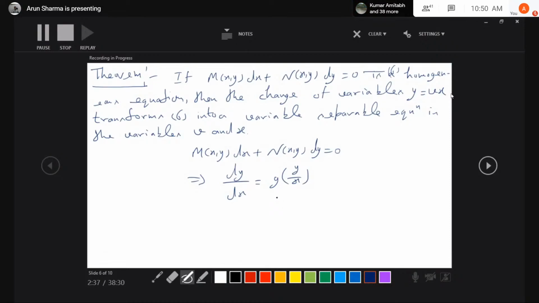So if you put y equals to vx, then what will happen with this change? dy by dx equals to v plus x dv upon dx. Now replace this dy by dx by this. So your equation will convert into v plus x dv by dx equals to g of v.